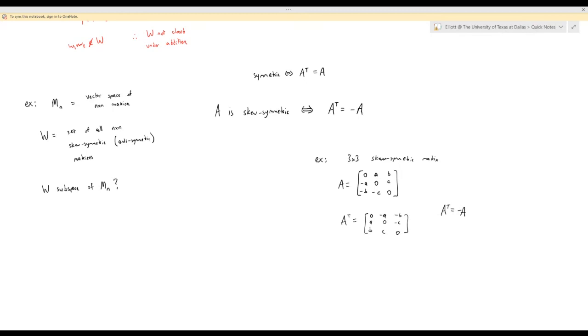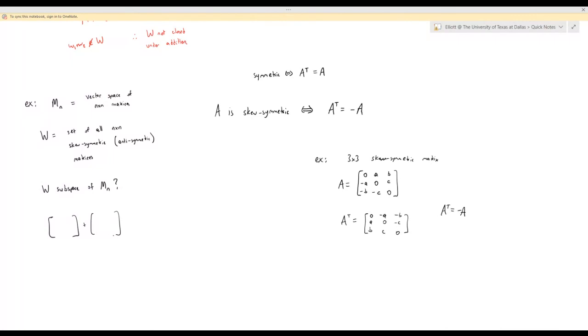Now, for this problem, we want to check if W is a subspace of Mn. To check closure under addition, since we're dealing with n by n matrices, it's a little hard to write out an n by n matrix, write out two n by n skew symmetric matrices, add them up and see if the sum is still skew symmetric, which is what you'd want to do to check closure under addition.